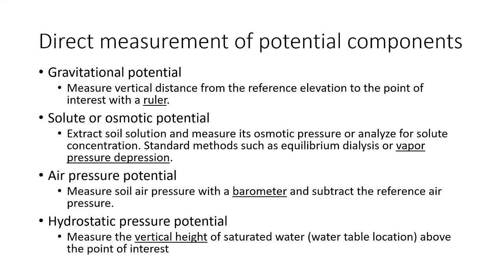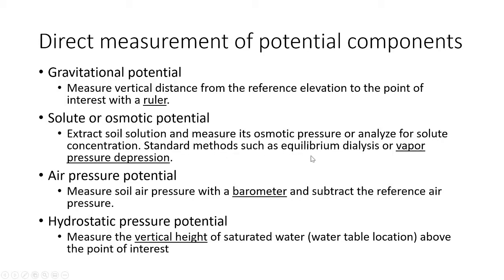So here I present to you the direct measurement of potential components. For gravitational potential, we can measure the vertical distance from the reference elevation to the point of interest with a ruler, for example. For solute or osmotic potential, we can extract soil solution and measure its osmotic pressure, or analyze for solute concentration.